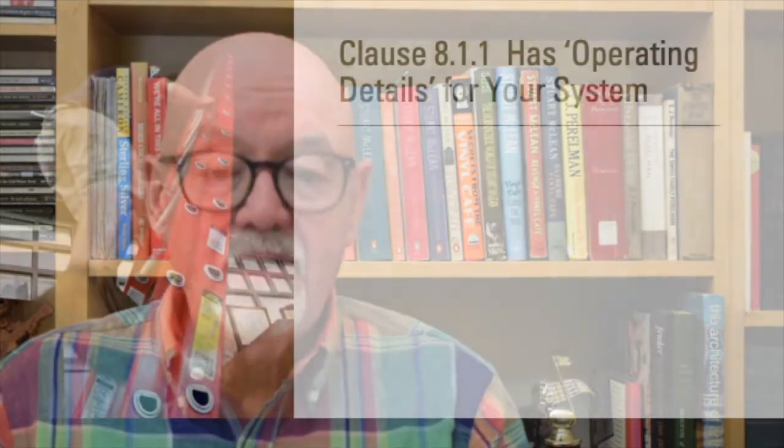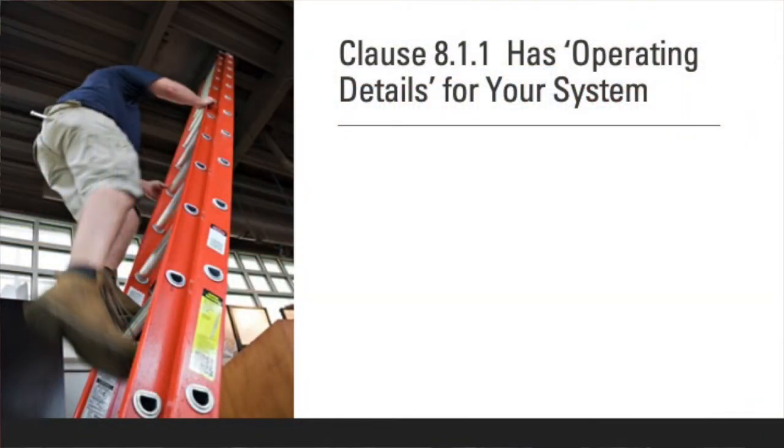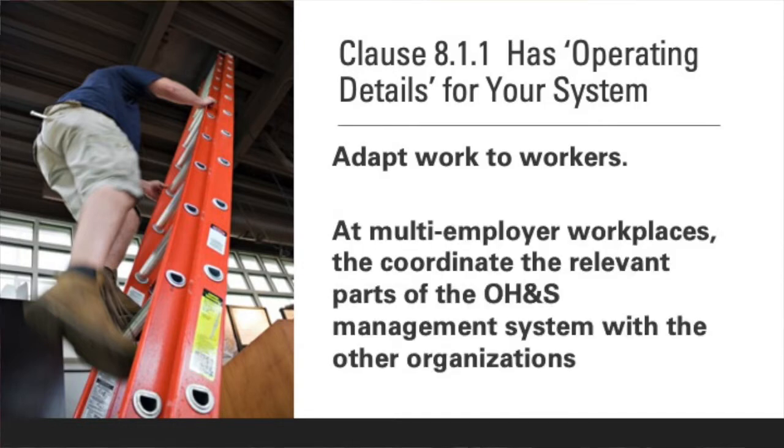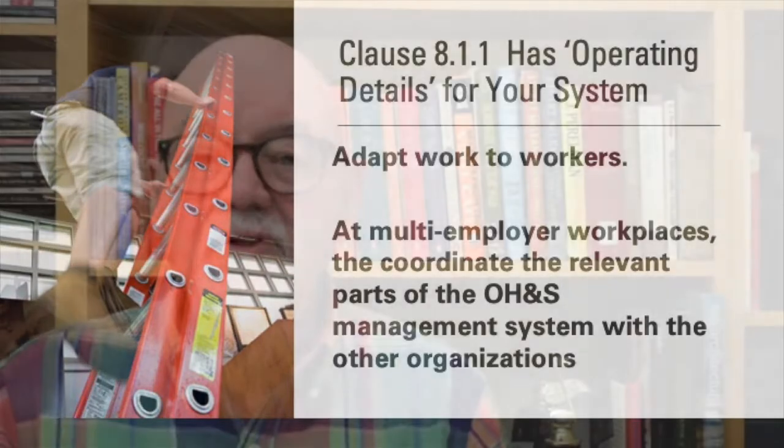You'll notice in Clause 8.1.1 under Operations that one of the requirements is to adapt the work to workers, besides all the other things you see in the high-level structure. Another consideration is to make sure that in multi-employer workplaces that you coordinate the relevant parts of the occupational health and safety management system with all the other organizations.